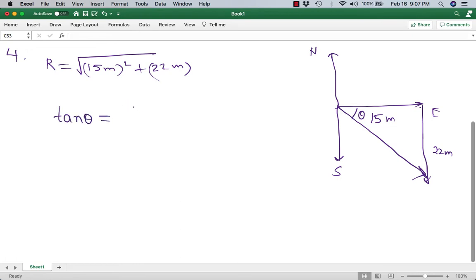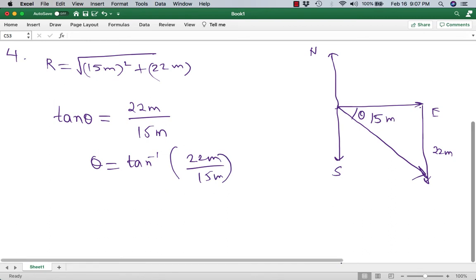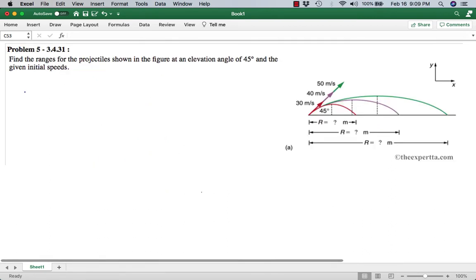Tangent theta is the ratio of the perpendicular, which is 22 meters, to the adjacent, which is 15 meters. So then theta would be equal to tan inverse of 22 meters over 15 meters. Okay, so that's the angle.